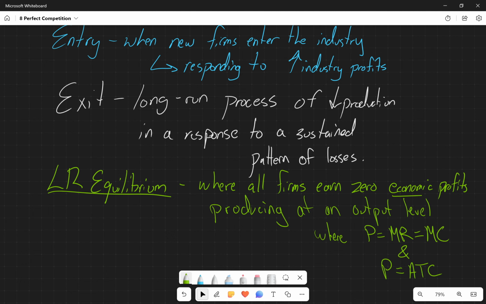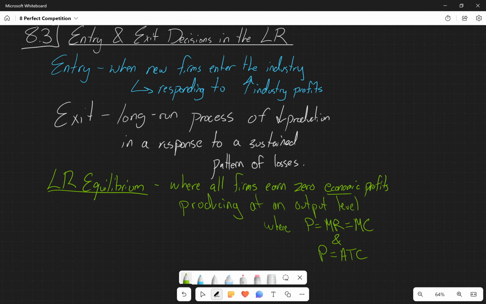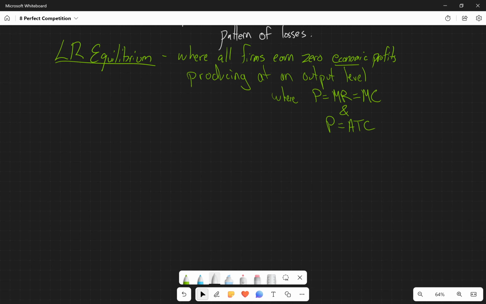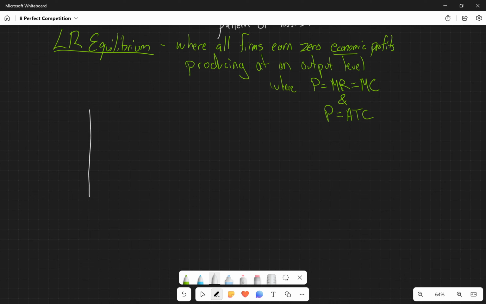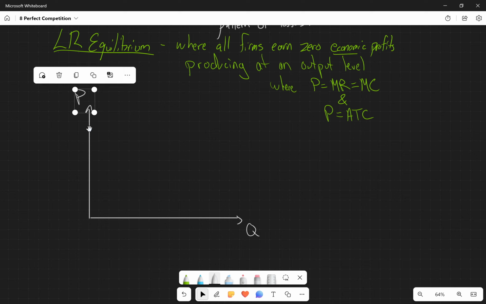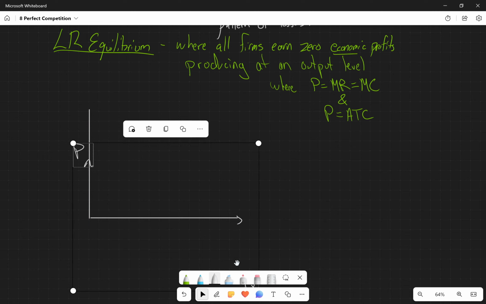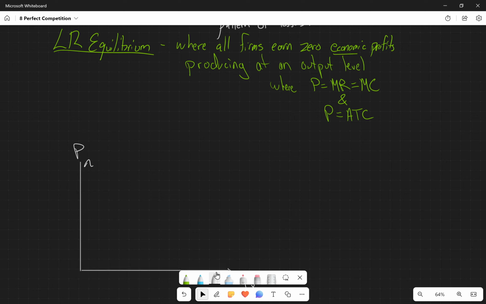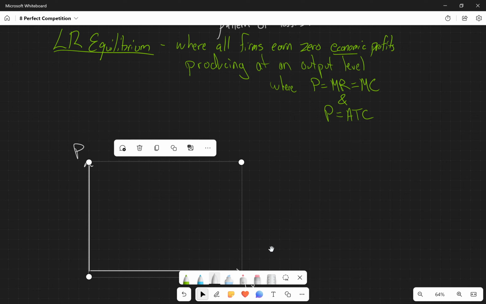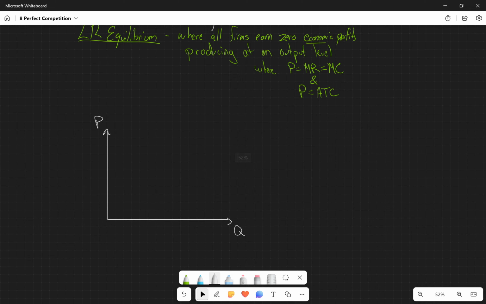So let's look at this dynamic process in action. It's going to take a little bit of a setup, so bear with me. Of course, I didn't give myself enough room. That's better.